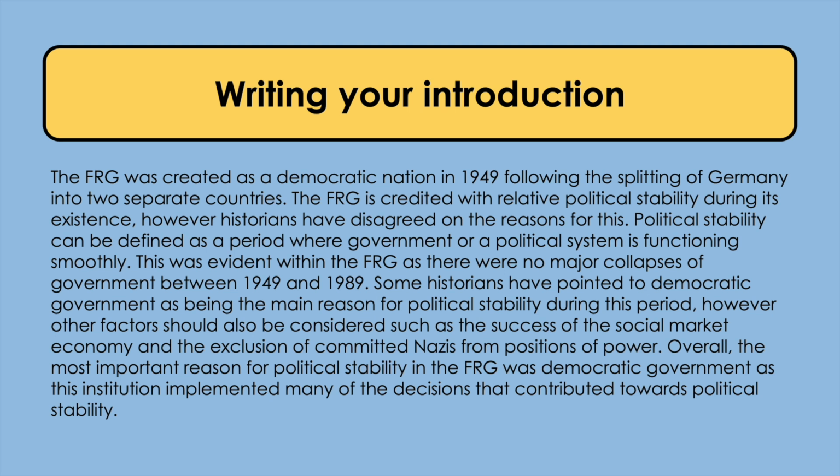However, other factors should also be considered, such as the success of the social market economy and the exclusion of committed Nazis from positions of power. Overall, the most important reason for political stability in the FRG was democratic government, as this institution implemented many of the decisions that contributed towards political stability.